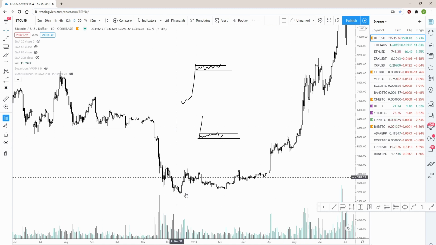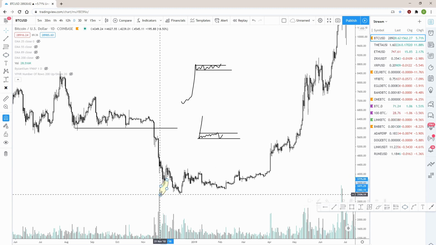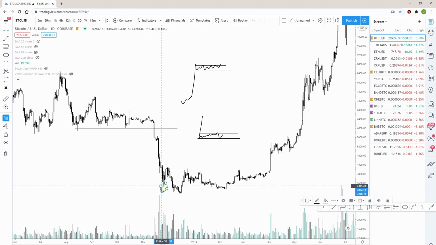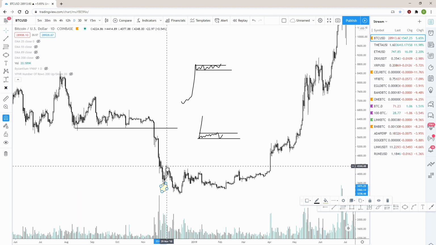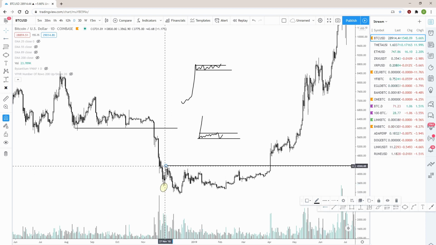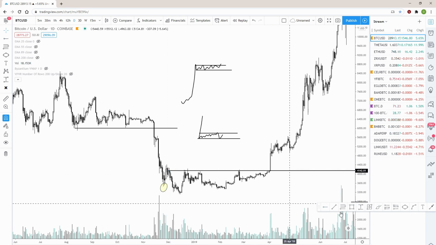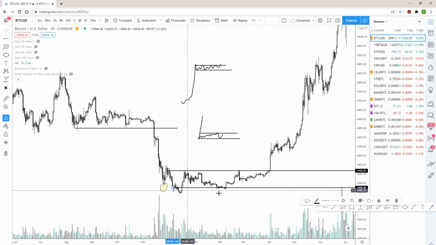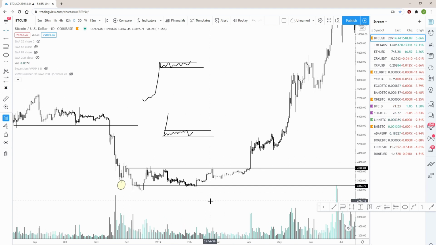You want to look for, first, price to find the bottom, and this wasn't the absolute bottom, but this was the first move up, the temporary bottom where price found some support and then moved up. And then price reached further down. And this was the range that you worked with for a 3-month span.